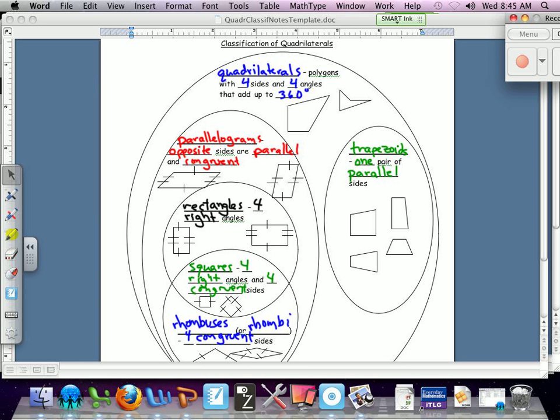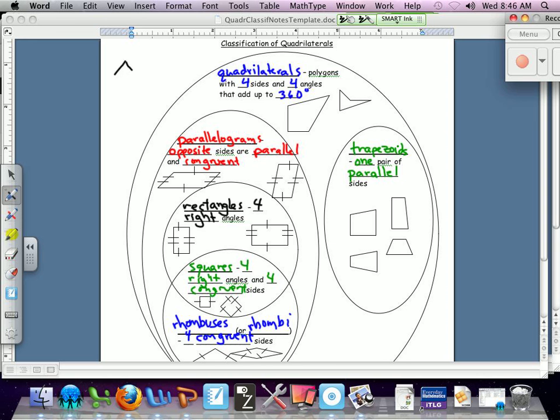Why not? There's something else that's going to come up in your journal, and it's called a kite. And if you visually think of a kite, you kind of know what it looks like. I might try to change the Venn diagram before I do it again another time, but if you want to jot to the side somewhere, a kite, I'm trying to think where we would put it.